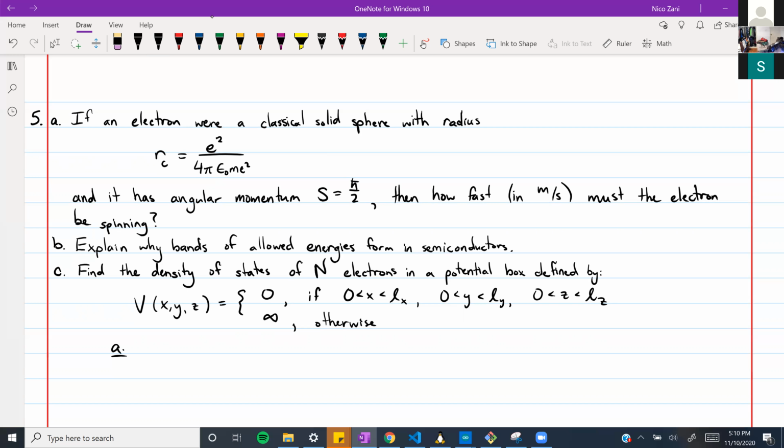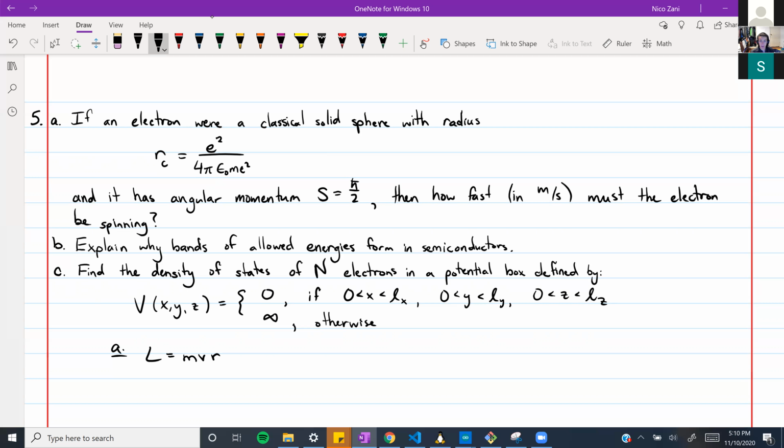Okay, so we know that angular momentum of something is equal to mvr. If we assume that an electron is a solid sphere, then we know all its mass is going to be concentrated at its ends, right?